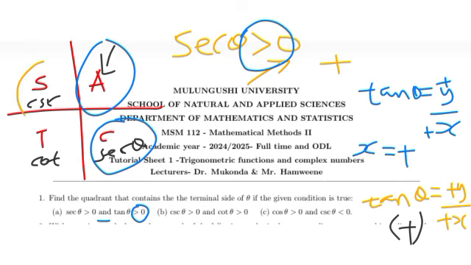Only tan theta and cos theta, sec theta and cos theta, those are the only positive ratios in the other quadrants. So there is no such quadrant among these, except the first quadrant, because all the ratios in that first quadrant are positive.